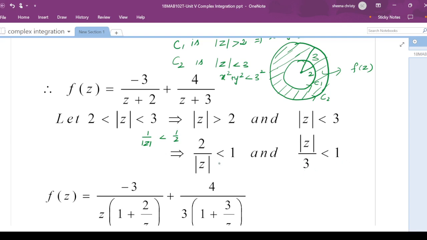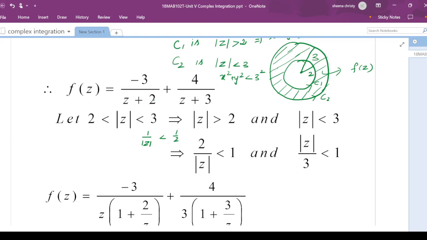So you have to identify which region applies to which term. From this term, you are having 2.